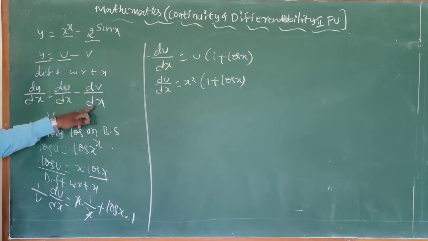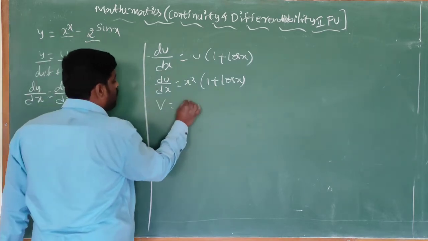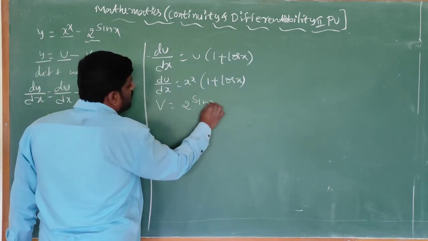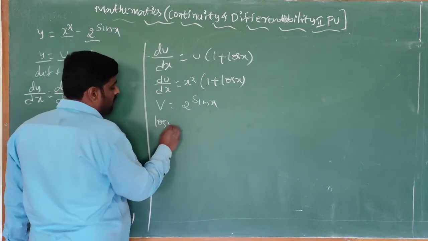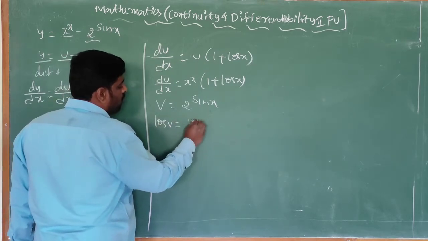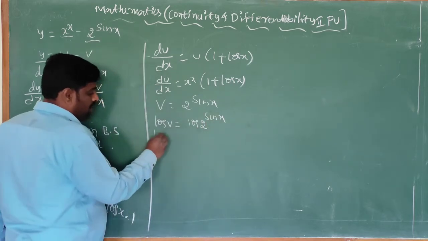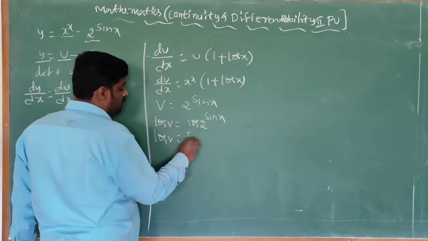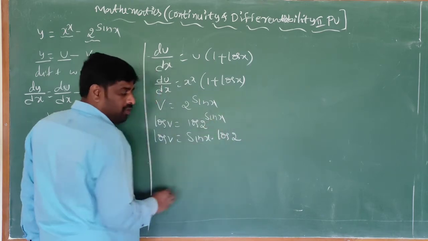And again now come to dv by dx. I want to find dv by dx. So now v can be taken as v is equal to 2 to the power of sin x. So now log on both sides. Log v is equal to log of 2 to the power of sin x. Log v is equal to sin x into log 2.